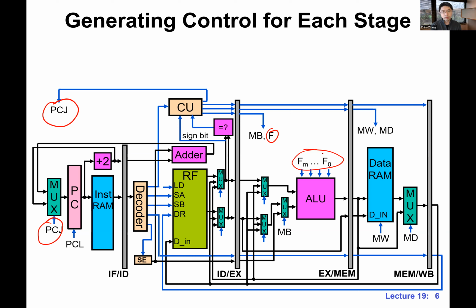Here MW and MD will be consumed. Eventually, LD is the write enable for the register file. LD will be consumed here in the write back stage. So these are pretty straightforward, I suppose. Any questions about this one?